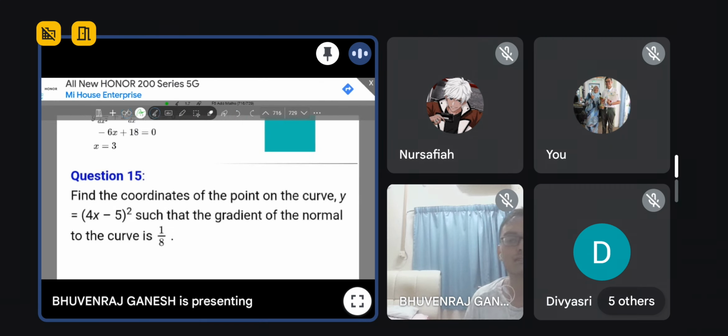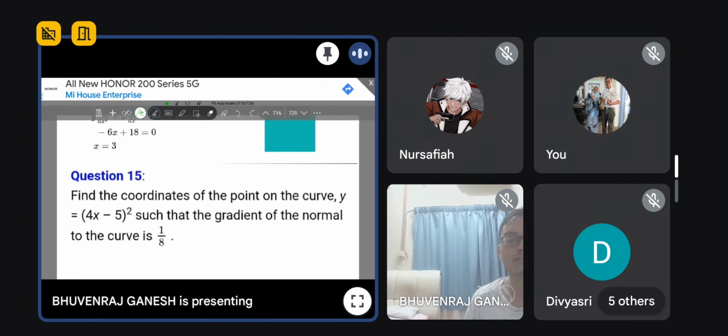Okay, so now they ask you to find the coordinate, titik, on this curve, pada lengkung ni. They tell you the gradient of the normal is 1/8. So kamu ada kecerunan normal equal to 1/8. Can I ask you all, what is the gradient of the tangent? Apa kecerunan tangent? Yes, -8. Correct. So means that you can differentiate this equation.